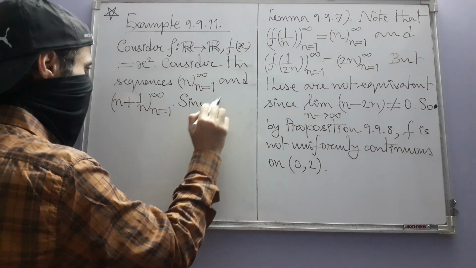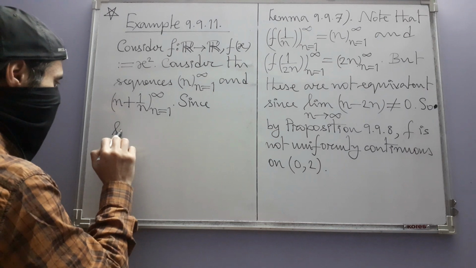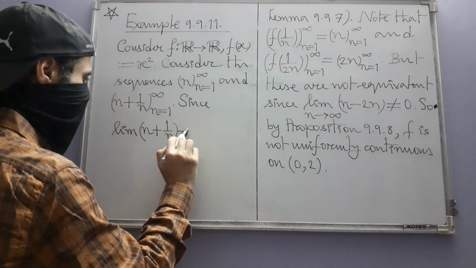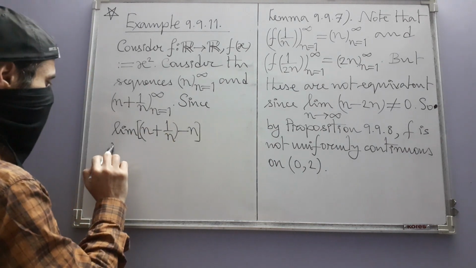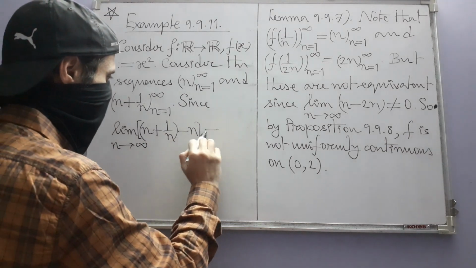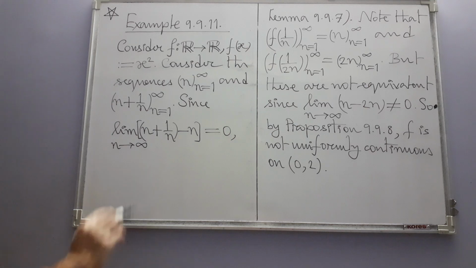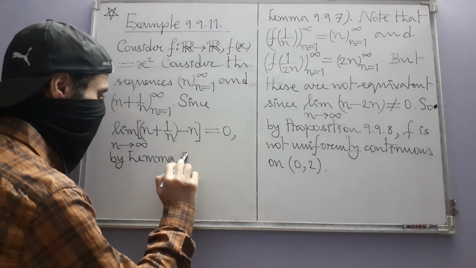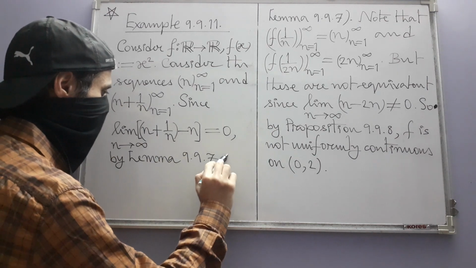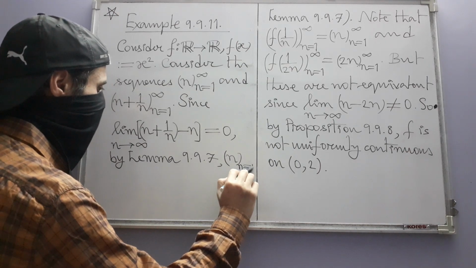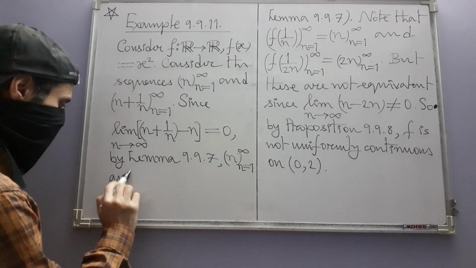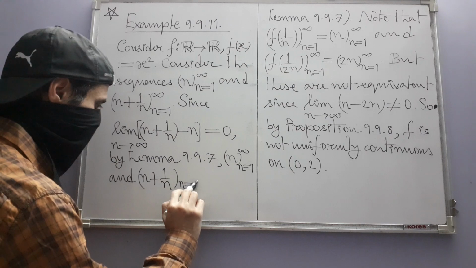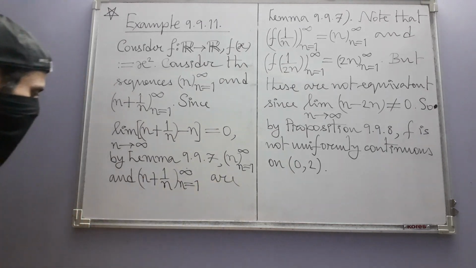Since this limit exists and is 0, by Lemma 997, this and this are equivalent.